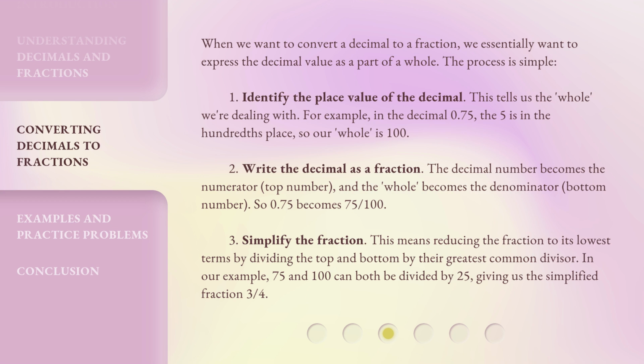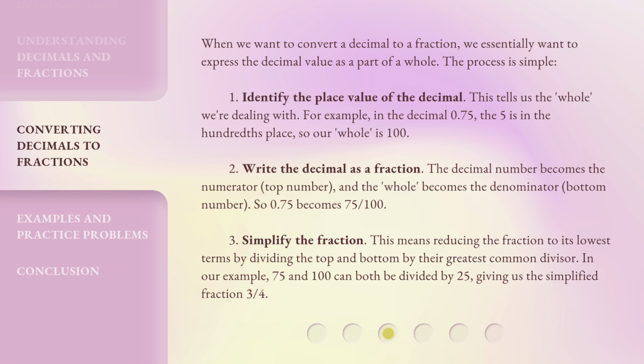Write the decimal as a fraction. The decimal number becomes the numerator, top number, and the whole becomes the denominator, bottom number. So 0.75 becomes 75/100ths.